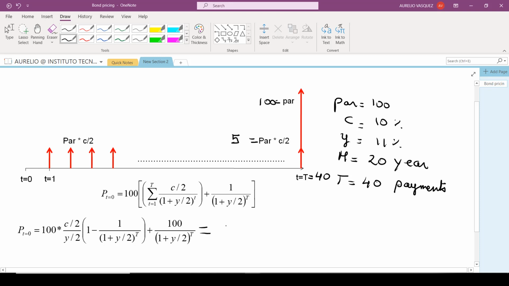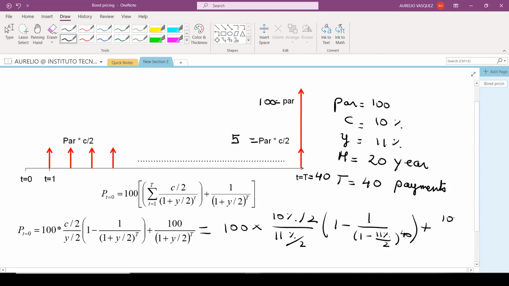form solution. So it's going to be basically 100 times C, which is 10%, over 2, over the yield, which is 11%, again, over 2. And then now 1 minus 1 over 1 plus 11% over 2 to the power of 40. So this is the coupon part. Now we need to discount also the par value.